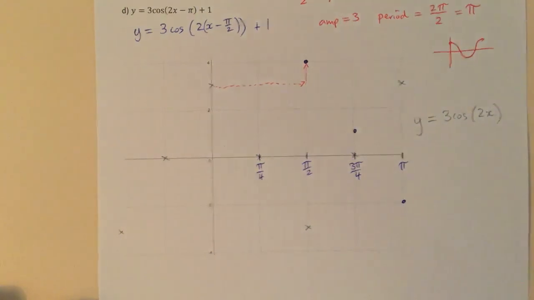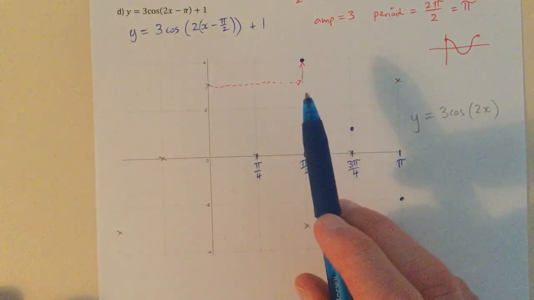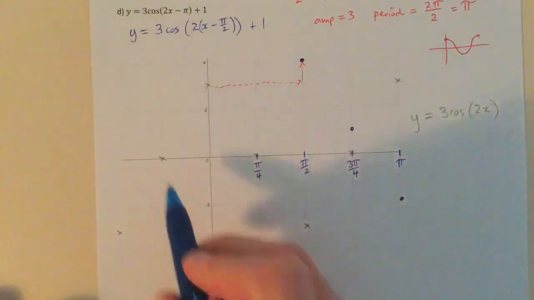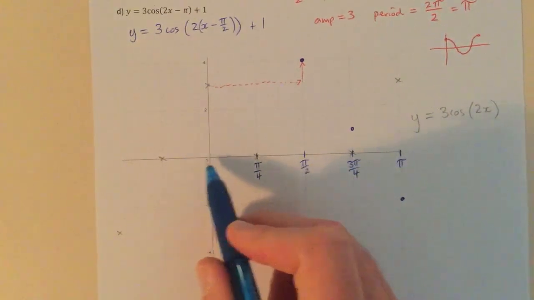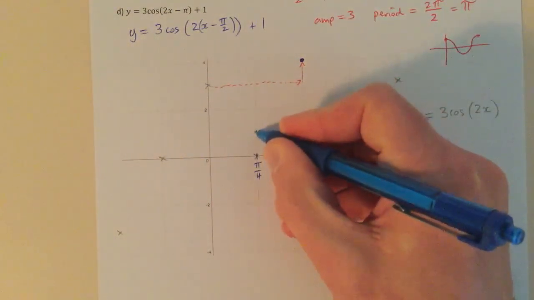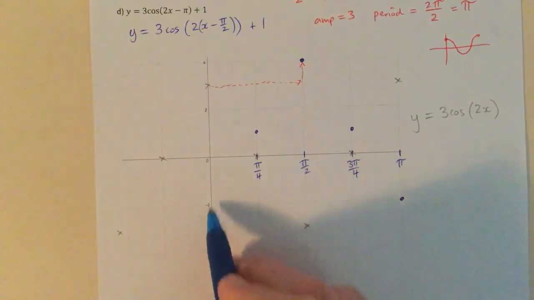And so from those two reference points, again, we're just using that same pattern, right by pi on 2 units, up by 1. So this one here, we go right by pi on 2, up by 1 to here. This one, right by pi on 2, up by 1.